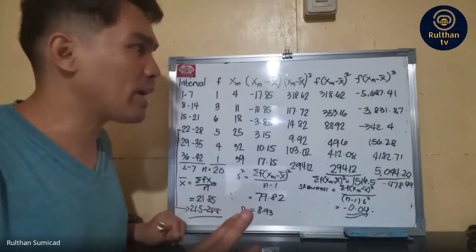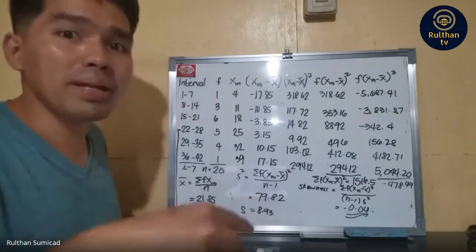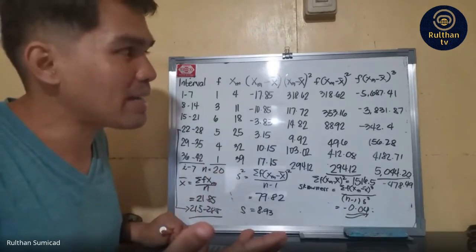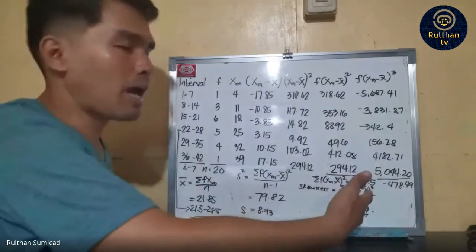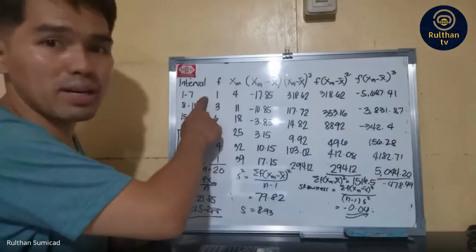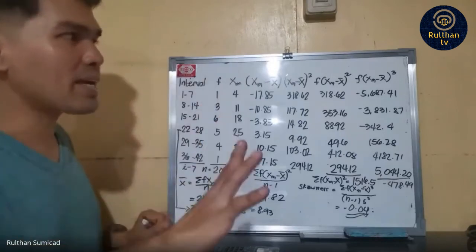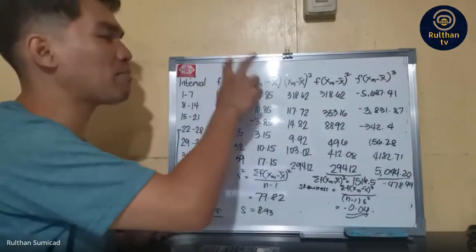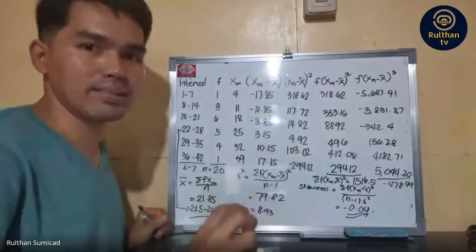So what you need to do is cube first, then multiply by the frequency, then whatever the result is, round to the nearest hundredths. Direct. Okay?